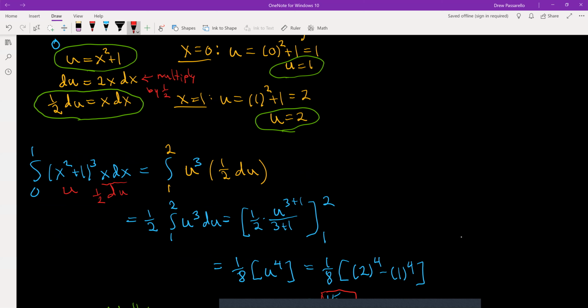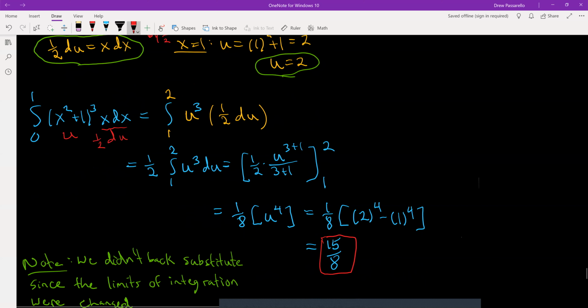All right, then I just integrate this. And so I factor out a half, and then I integrate u cubed. Well, that's u to the 3 plus 1 divided by 3 plus 1. So that's u to the 4th divided by 4. So I have 1/2 times u to the 4th over 4. Well, 1/2 times 1 over 4 is 1 over 8. So I went ahead and factored out the 1 over 8.